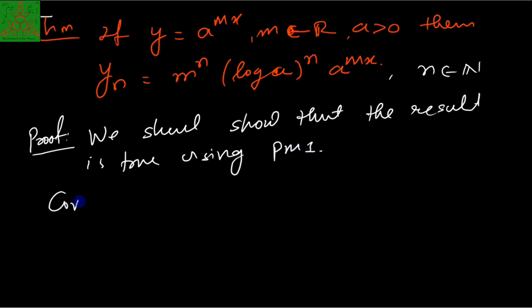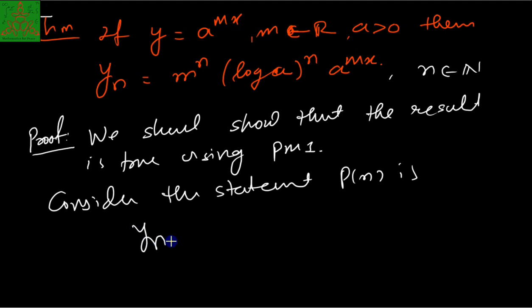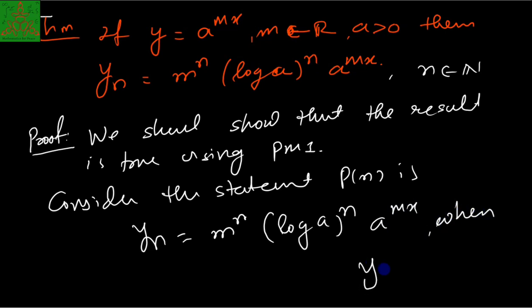Let us consider this Pn statement. Pn is yn is equal to m power n log a power n a power mx when y is equal to a power mx. Here yn denotes the nth derivative of y.